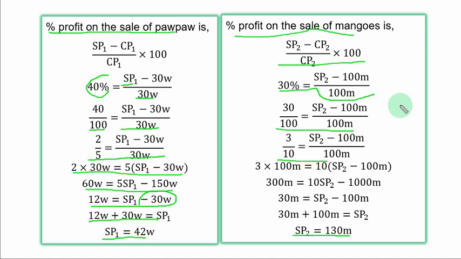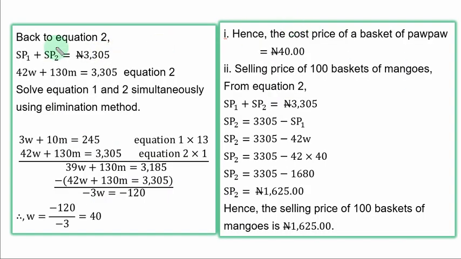Back to equation 2. Equation 2 is SP1 plus SP2 equal to 3,305 naira. From the previous solution, SP1 is 42W plus SP2 130M equal to the total. So you solve equations 1 and 2 simultaneously using the elimination method.